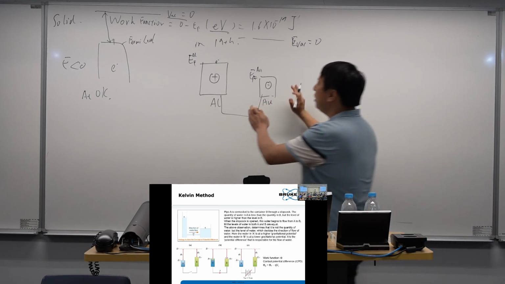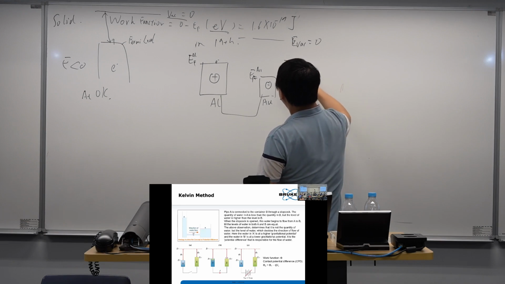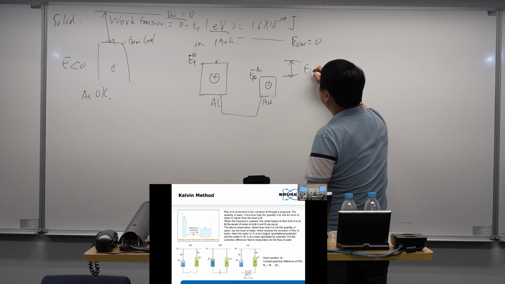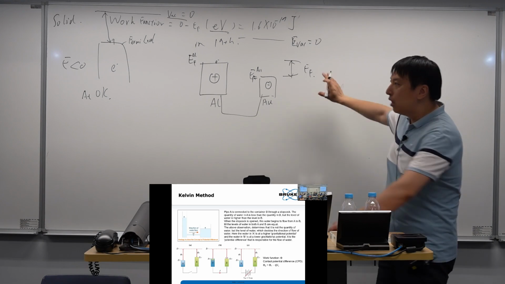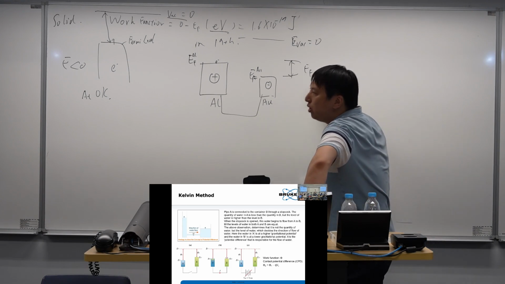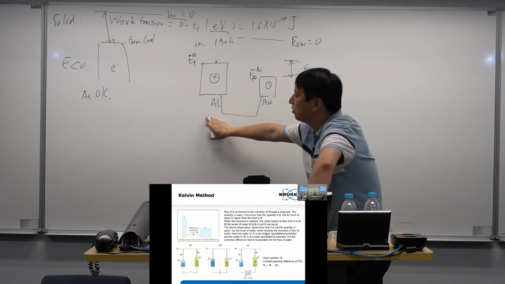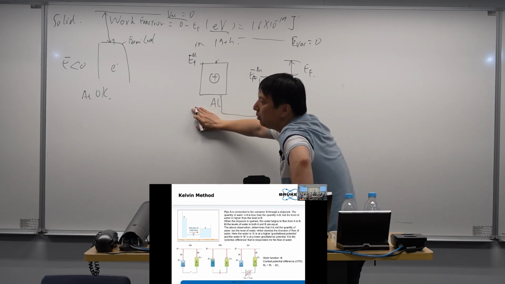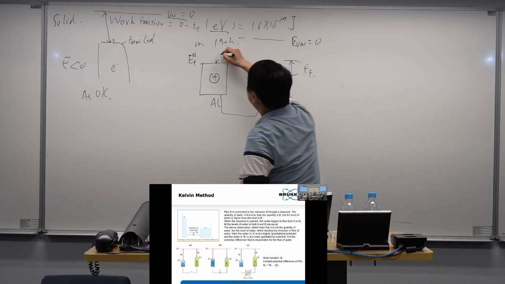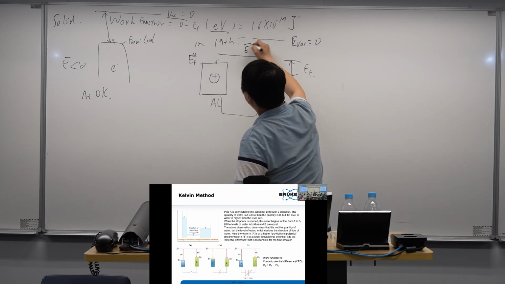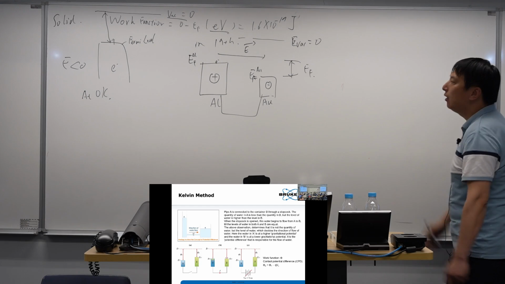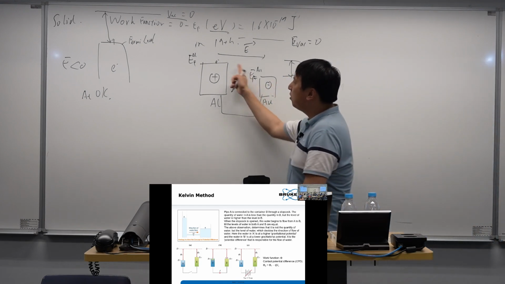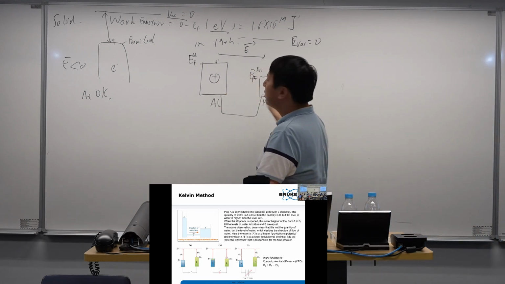And then it will generate an electric field, right? This electric field will prevent the electrons from continuously transferring from aluminum to gold.